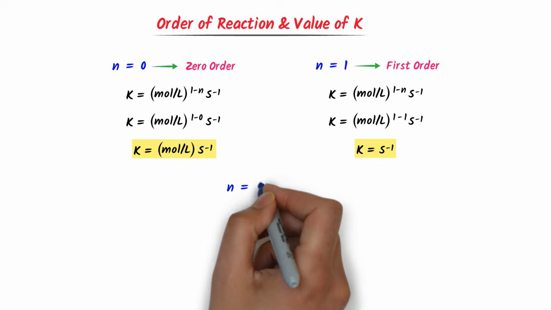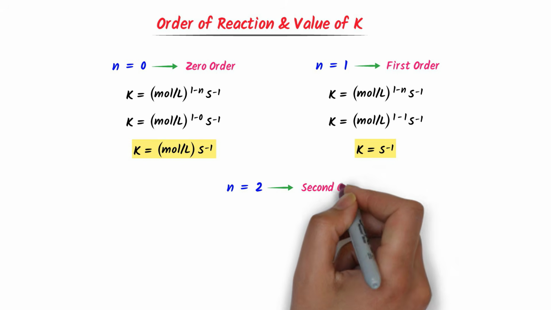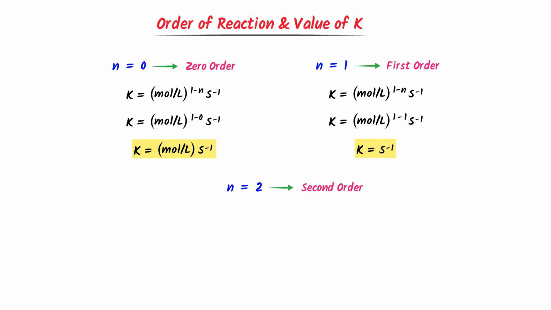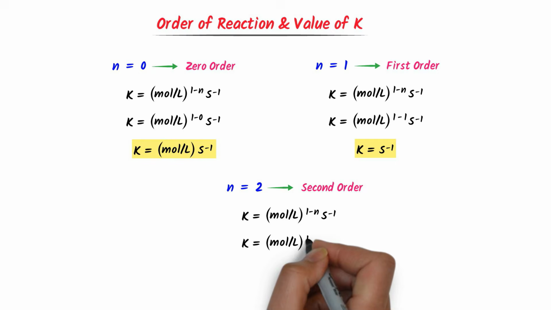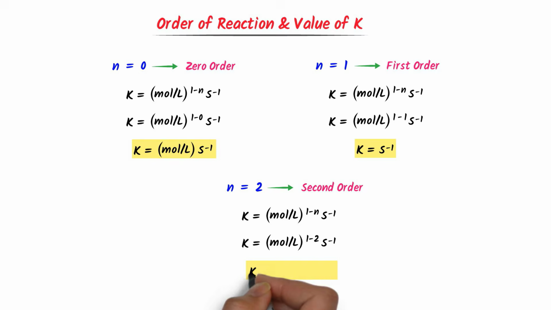Thirdly, when n is equal to 2, it is a second order reaction. I write (mole per liter) raised to the power 1 minus 2 per second. After calculation, I get (per mole per liter) raised to the power minus 1 per second, that is liter per mole per second. Thus using this simple method, we can easily calculate the unit of k for different order of reactions.